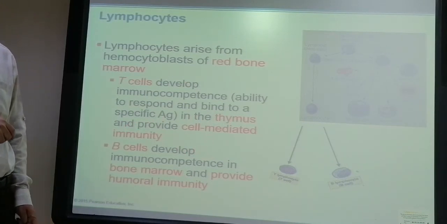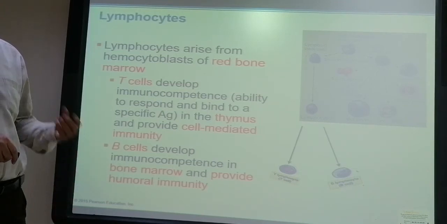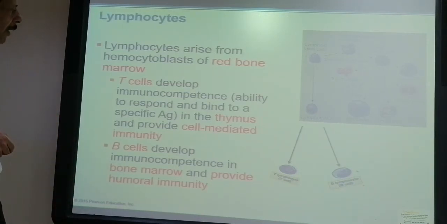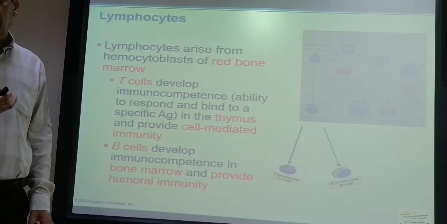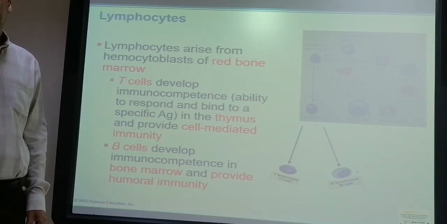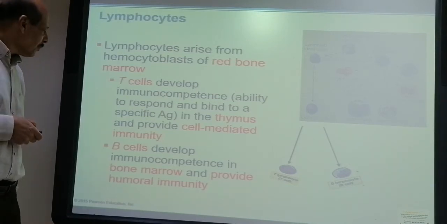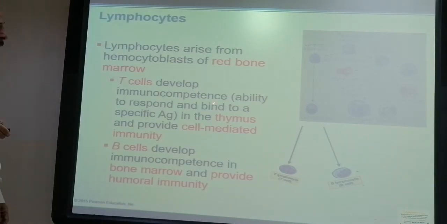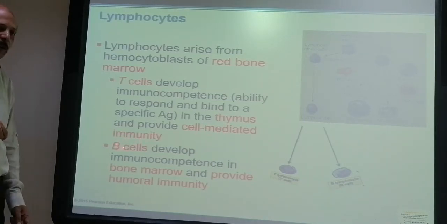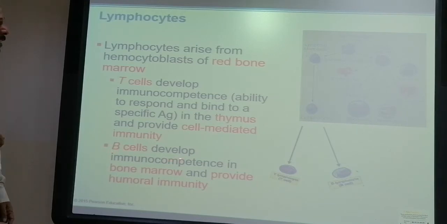Yes, it is in the thorax. It is large at a young age, and after that it will shrink. T cells provide cell-mediated immunity, and the thymus produces thymosin. The B cells develop immunocompetence in the bone marrow and provide humoral immunity.